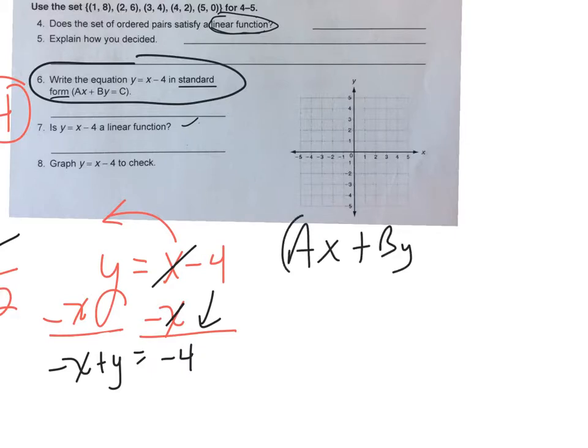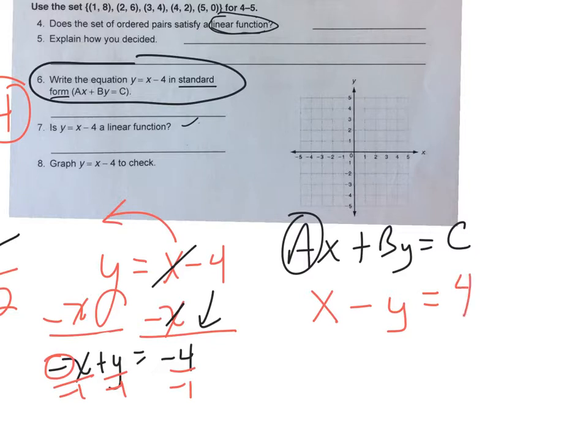Notice that this is negative, so what I want to do is make this positive. So I'm going to divide everything by negative 1. And what I end up getting is positive x minus y equals positive 4. Now, my a in this case is going to be 1. The b in this case is going to be negative 1. And c is going to be 4.